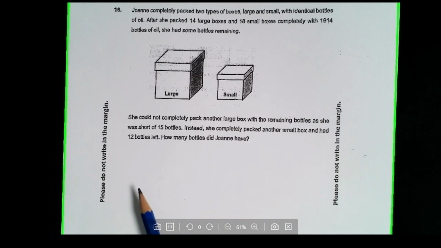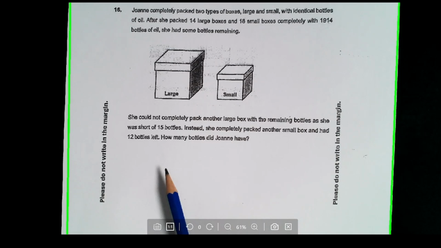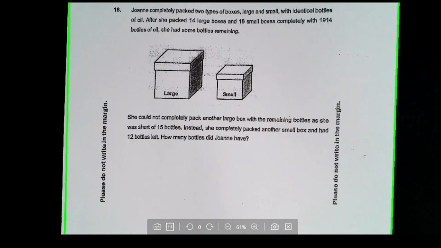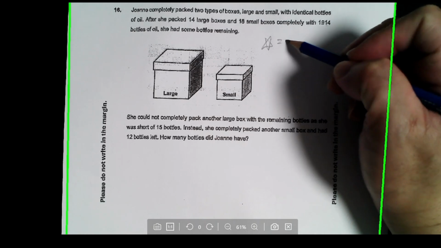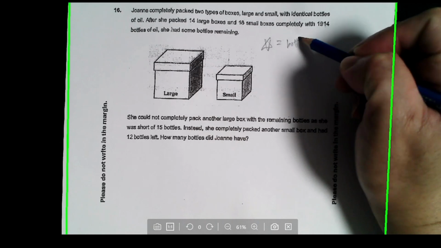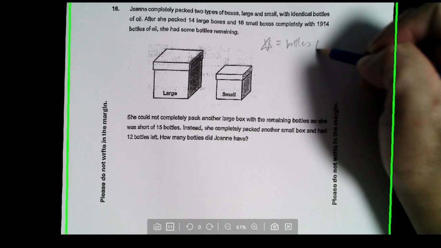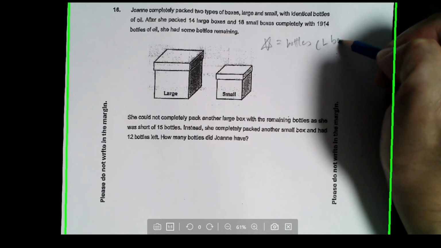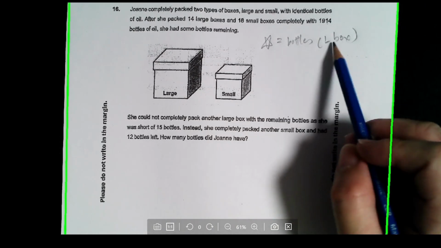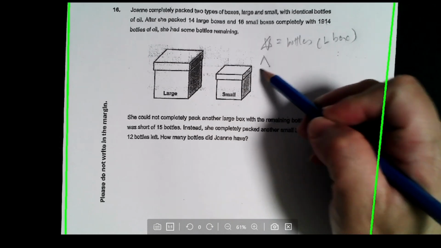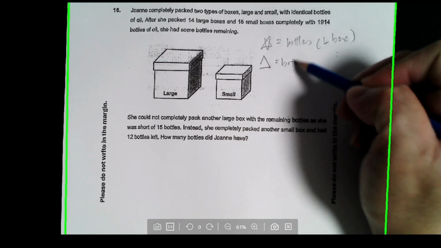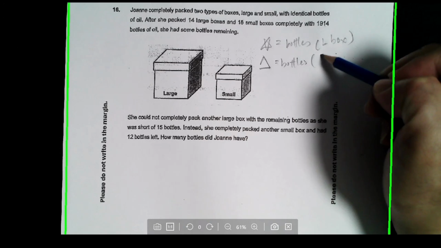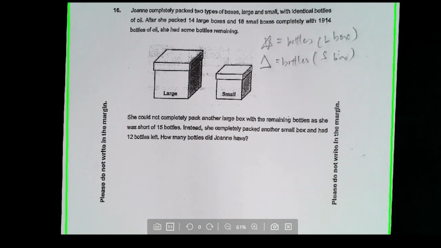Okay, so let's just pretend star is the number of bottles a large box can hold. Triangle is the number of bottles a small box can hold. Okay?